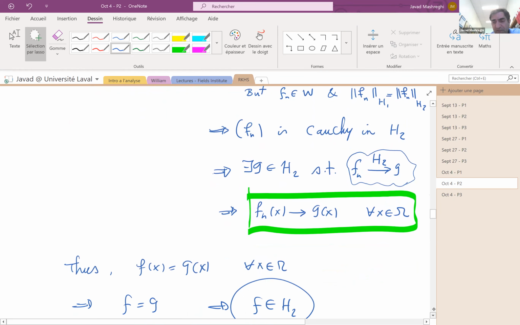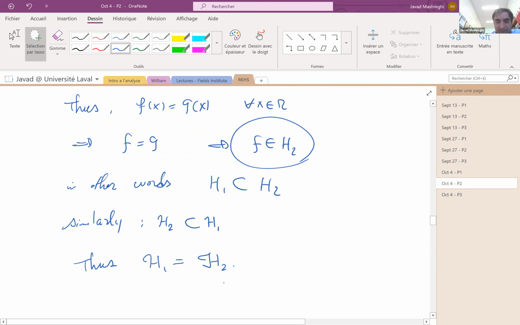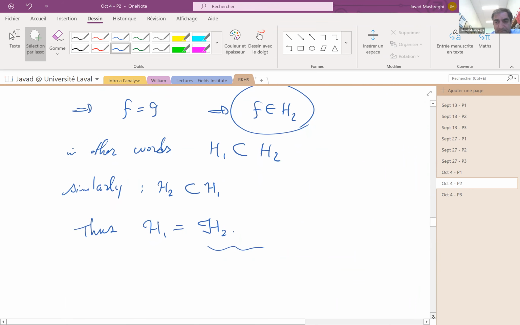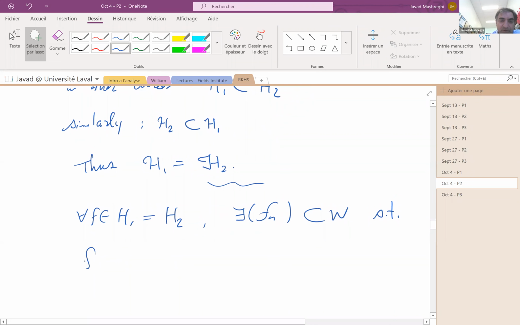But you can also start from the beginning, saying that for every F in H1, which is equal to H2, there is a sequence Fn in W such that Fn goes to F in H1 and Fn goes to F in H2.